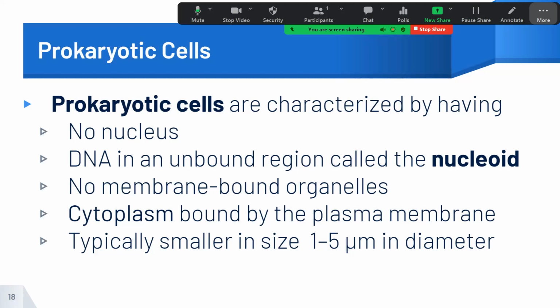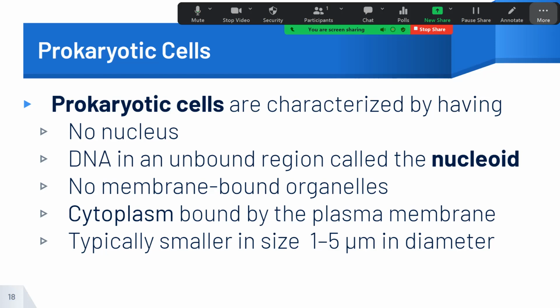And they also have no membrane-bound organelles, which means there's no mitochondria, there's no chloroplasts, there's no endoplasmic reticulum. None of those membrane-bound organelles are in the cytoplasm of the prokaryotic cells. And then the cytoplasm would be just bound by the plasma membrane.